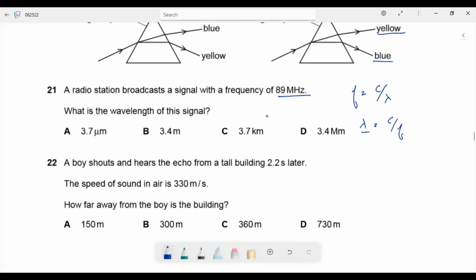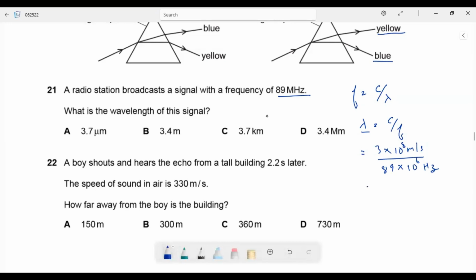Lambda is the wavelength, c is 3 into 10 raised to 8 meter per second, the speed of light in vacuum. f is the frequency, given as 89 megahertz. Mega means 10 raised to 6.